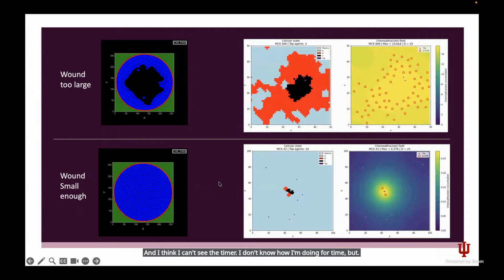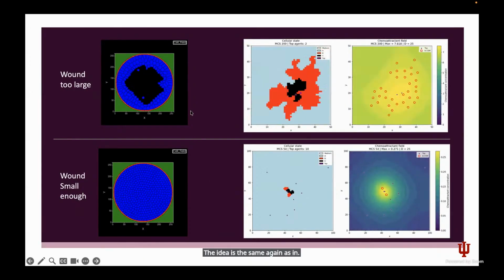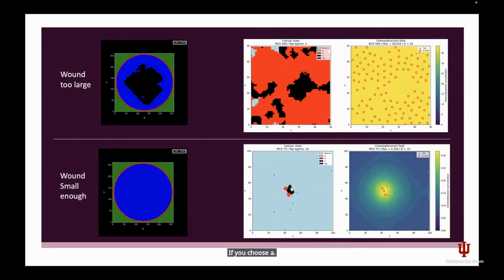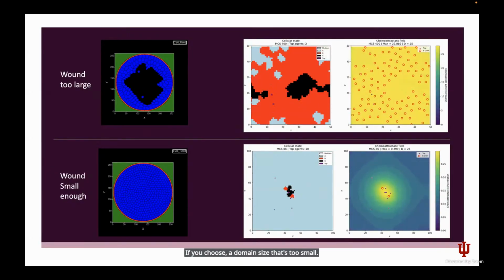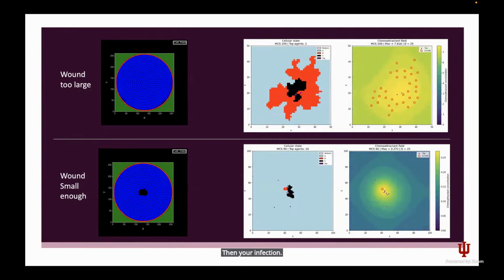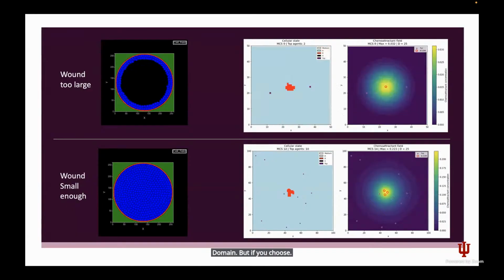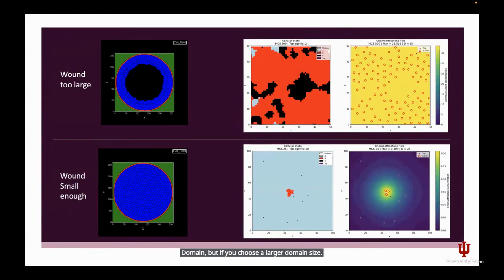the idea is the same as in the wound healing case: if you choose a domain size that's too small, your infection spreads and infects the whole domain. But if you choose a larger domain size, it won't spread.